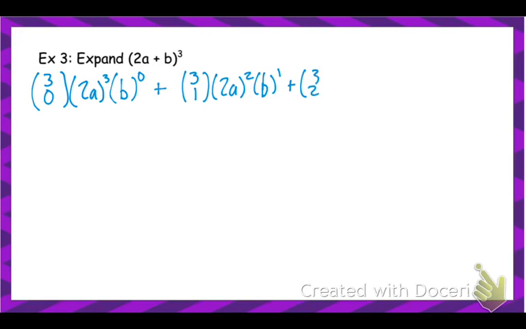Next term, 3, 2 is the coefficient. 2a to the first power, 3 minus 2, and b to the second power. Then the last term, 3, 3. We know we're done at this point because now these are the same number. 2a's exponent is now going to be 0. b's exponent is going to be 3. Remember, b's exponent will be that bottom number, and the 2a exponent is the top minus the bottom.